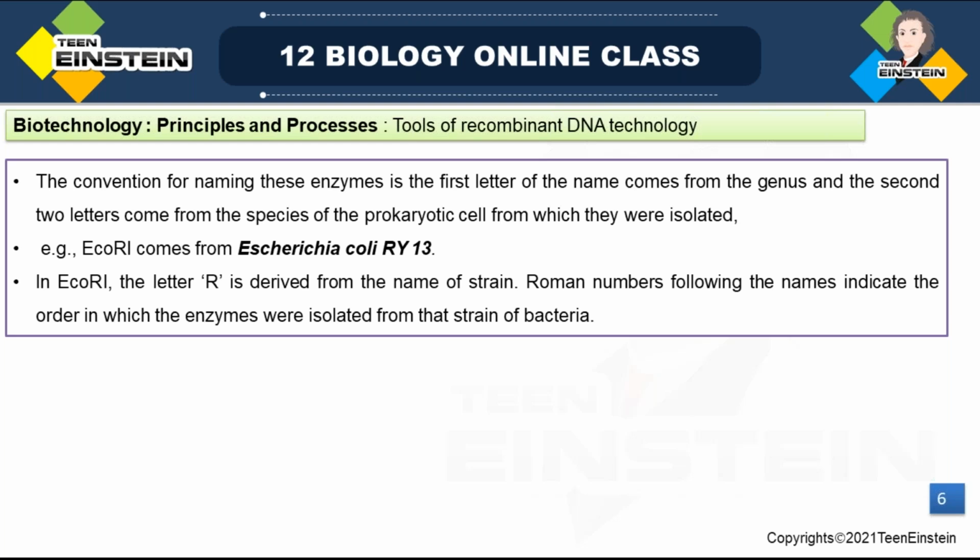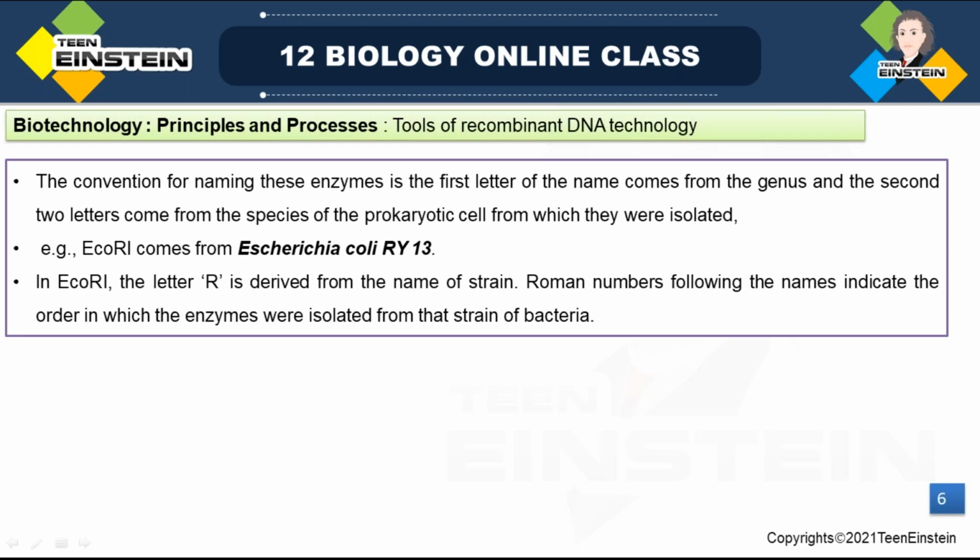So how to name? In the naming of a restriction enzyme, the first letter is from the genus name, and the next two letters are from the species name of the strain from which the enzyme is isolated.